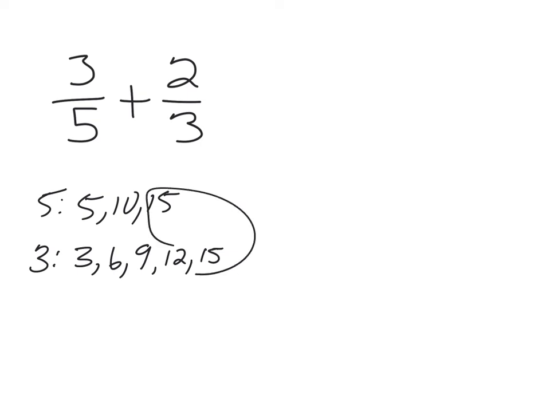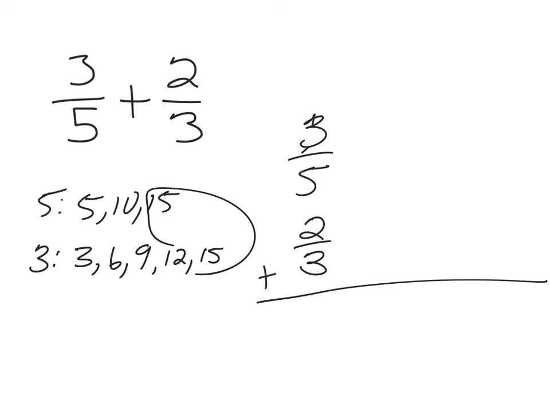Looks like my LCD is going to be 15 or 15ths in this case because it's a fraction. So I've got 3/5. I'm going to add 2/3. I've got 15ths as my LCD, least common denominator.